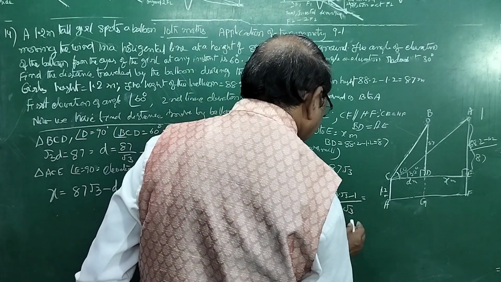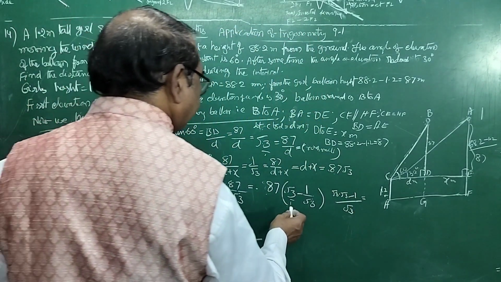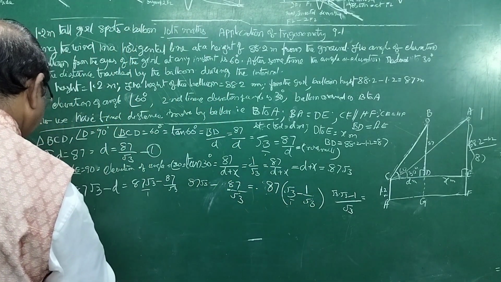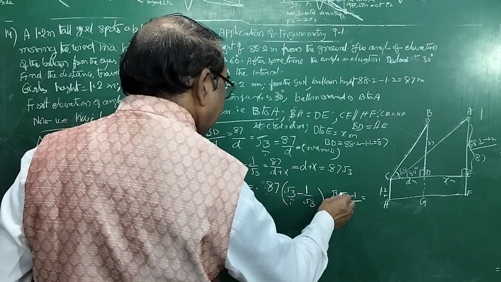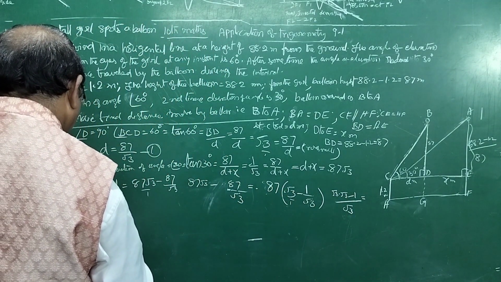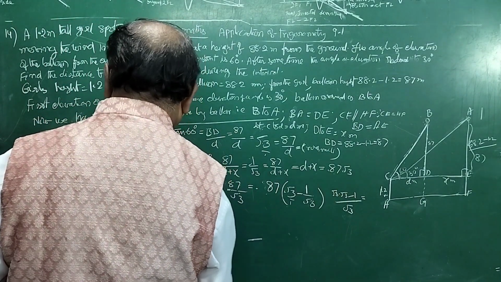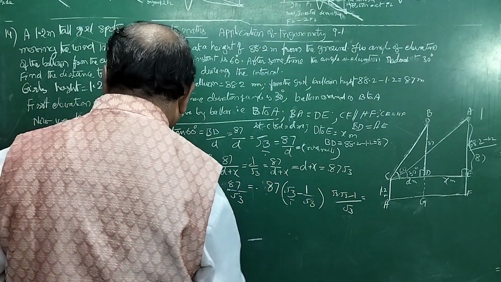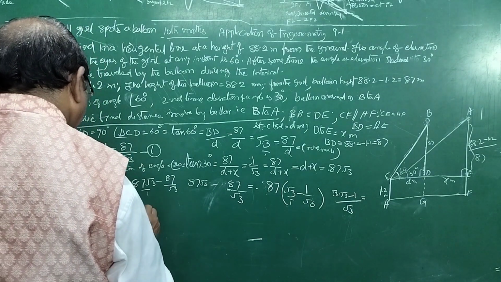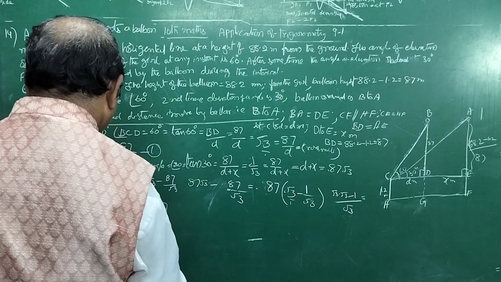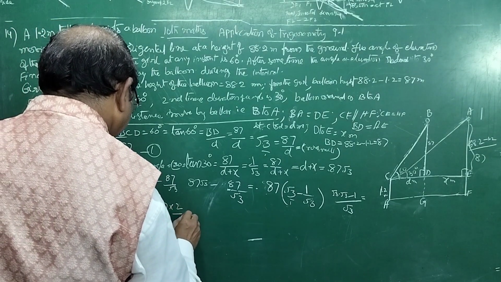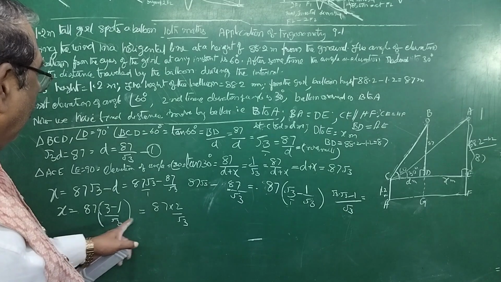Here let us write root 3 into root 3. What is x equal to? We are doing only the bracketed part. Root 3 into root 3, 3, minus 1, by root 3. Now 87 into 2 by root 3.